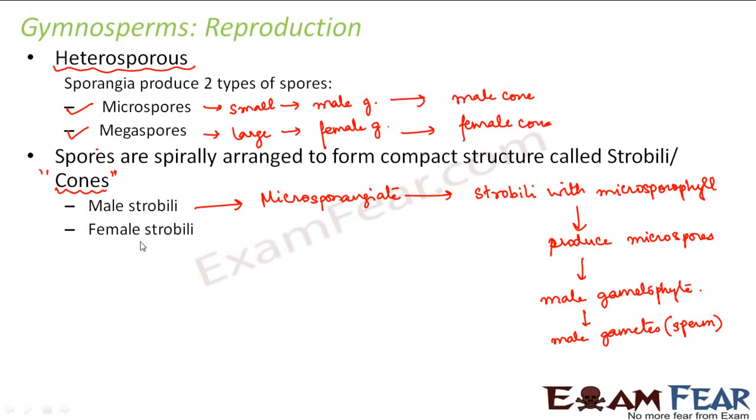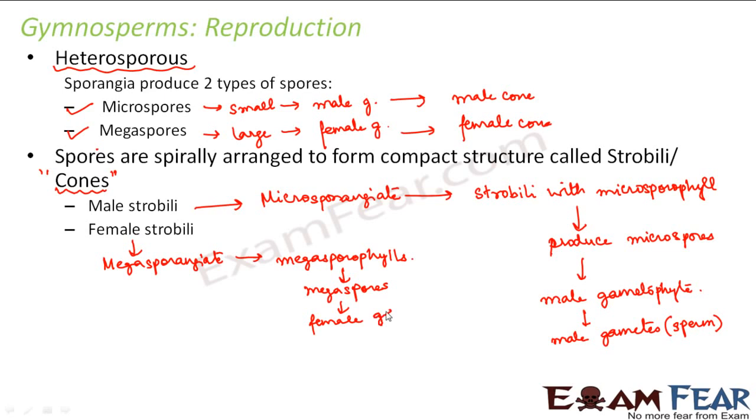Similarly, the female strobili contains the megasporangiate. Megasporangiate will consist of the megasporophylls. These megasporophylls will then produce the megaspores, which will germinate to form the female gametophyte.